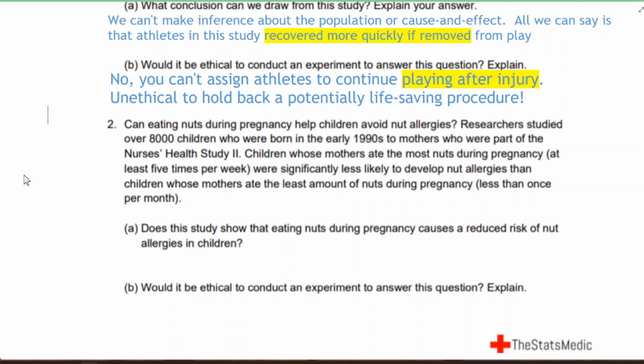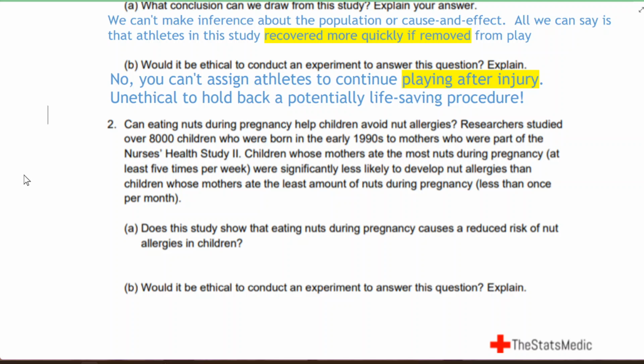Let's break it down. Well, again, did we take a random sample of a population? And I don't see evidence of that. I think we're just taking a look at 8,000 children. And then, did we assign treatments? No, we did not.